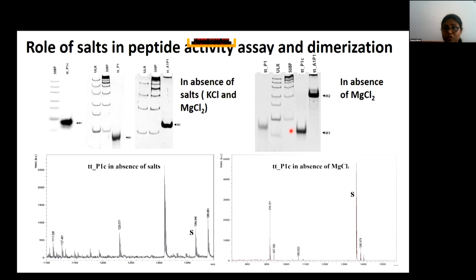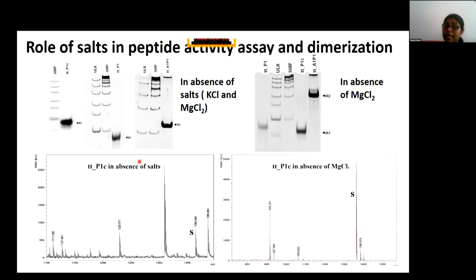Or in presence of excess potassium chloride but in absence of magnesium chloride, such that the excess potassium chloride compensates for the loss of magnesium chloride, in either of the conditions we do not see any dimerization.